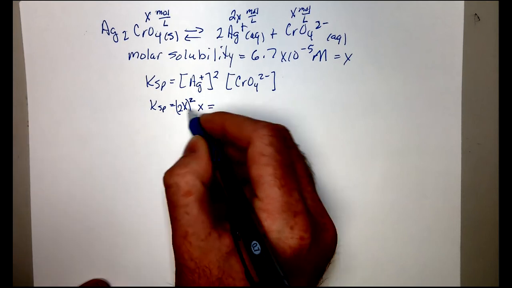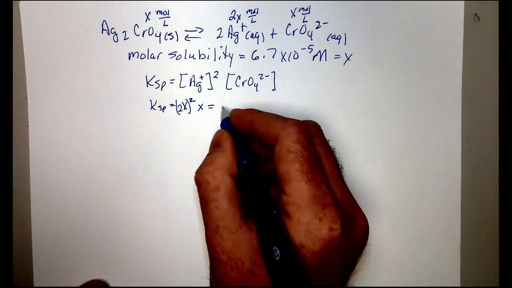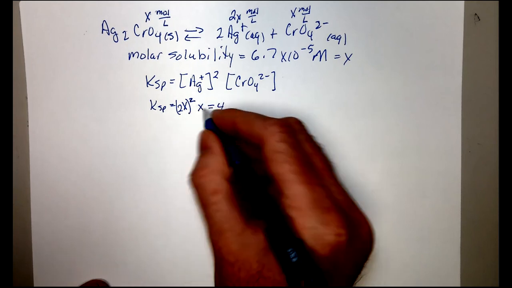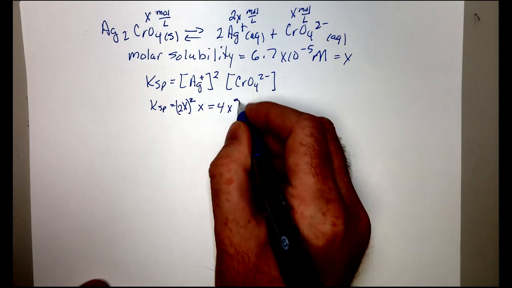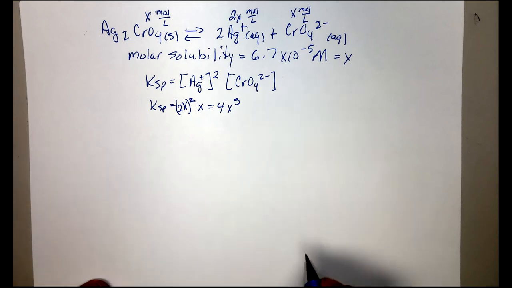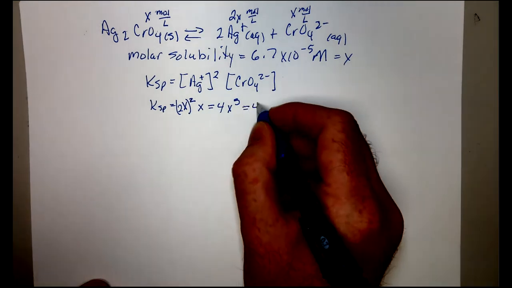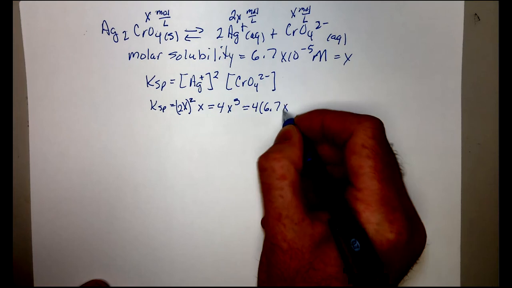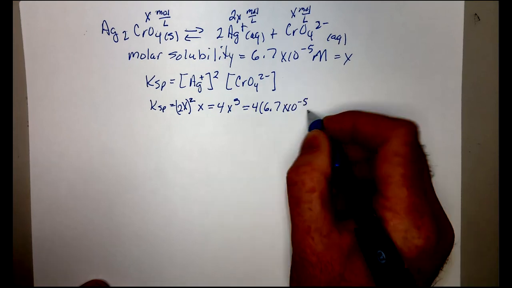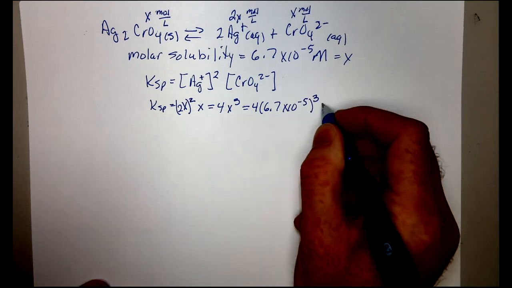So simplifying, that's going to be 4, the x squared times x is x cubed, so 4x cubed is going to be our Ksp. So it's going to be 4 times 6.7 times 10 to the negative fifth, cubed.